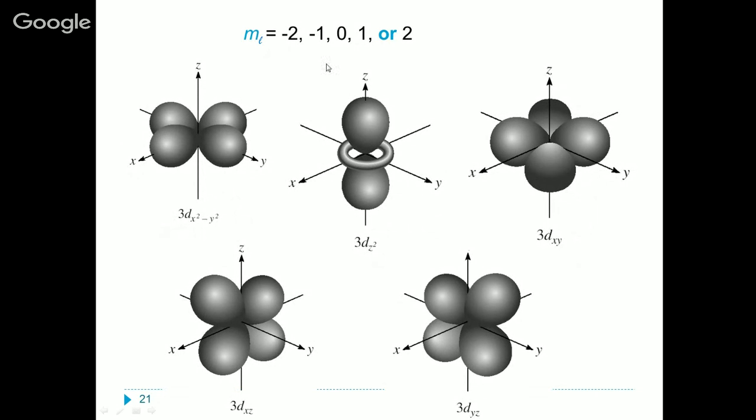I have 5 numbers here, negative 2 all the way to positive 2, for my 5 different d orbitals. And those tell us, once again, here we are on the xy plane. Here we are in the middle, in between our xy plane, in the middle of our xz plane, in the middle of our yz plane. These are the different directions with which my orbital can face.